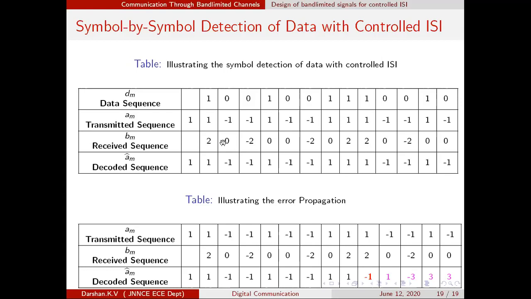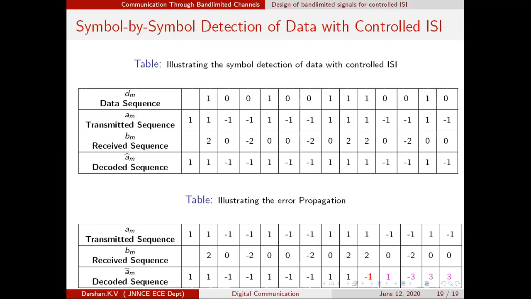Just come over here. You have received 0. Then what will you do? You have to subtract the previous transmitted symbol. What was the symbol which has been previously transmitted? 1. So 0 minus 1 is minus 1. Because remember, transmitter and receiver are not side by side as shown in the table. Transmitter is at one end, receiver is at another end.